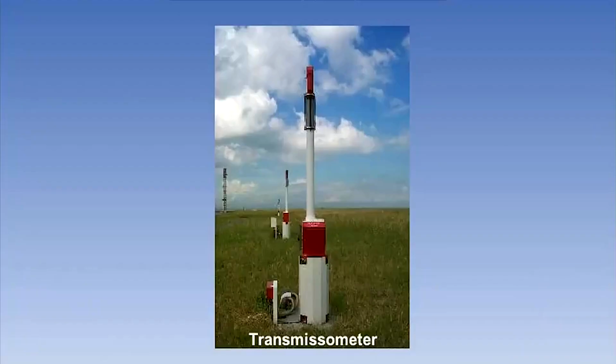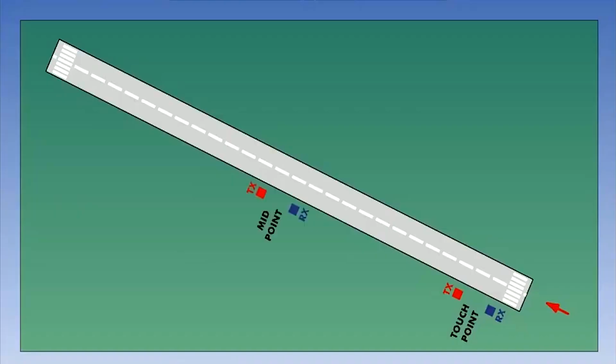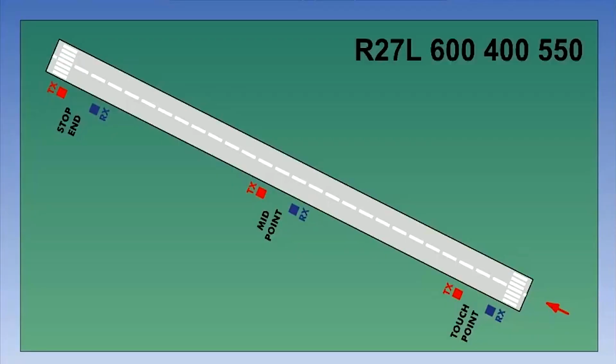We mentioned earlier how the visibility can be measured using a transmissometer. We can use a system in which 3 transmissometers are placed alongside the runway to obtain an IRVR, or instrumented runway visual range. Readings are then given to air traffic control, one for the touchdown point, one for the midpoint, and finally one for the stop end, and reported in that order.